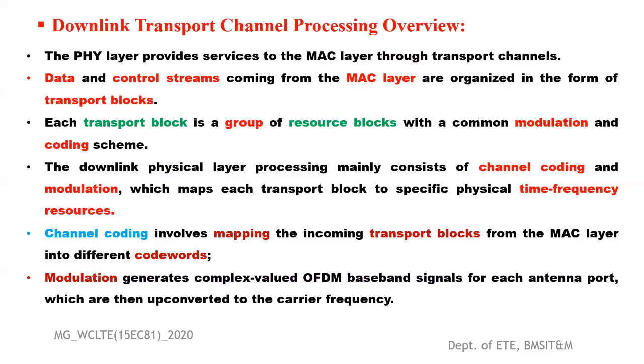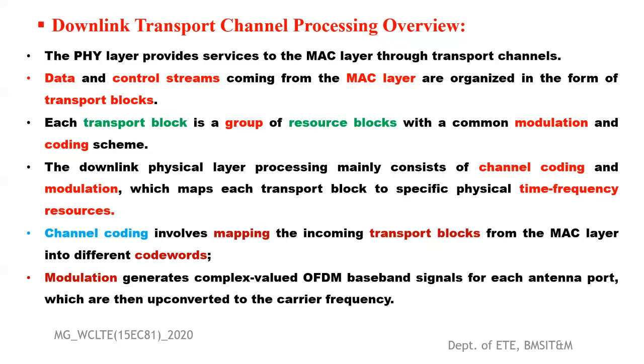The data and control streams coming from the MAC layer are organized in the form of transport blocks. I repeat once again, the transport channels are used by the physical layer to provide services to the MAC layer, and the data and control streams coming from the MAC layer are organized in the form of transport blocks.